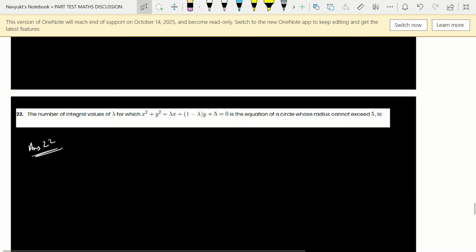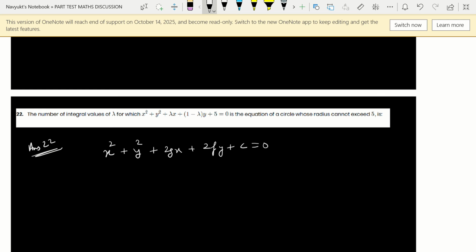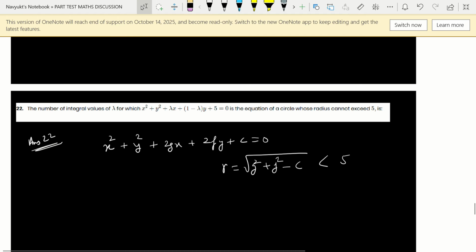So this is again a very easy question because we know for a general circle whose equation is this, its radius formula is root of g square plus f square minus c, and this should not exceed 5, so less than or equal to 5. Now we can observe the values of g and f are right here in front of us.